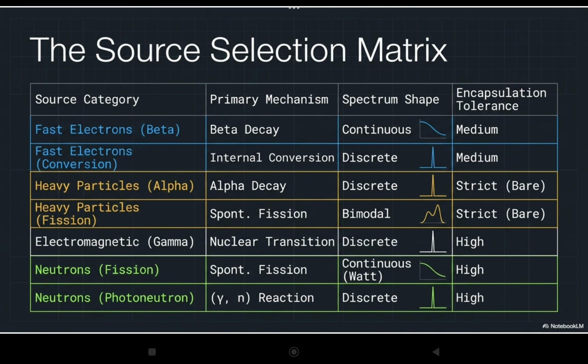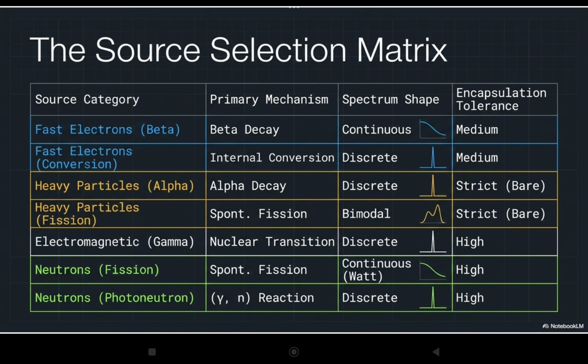Let us now turn to the source selection matrix. Whenever you choose a source, you should ask what particle type is needed, what energy range is appropriate, and whether you need a monoenergetic source or a broad spectrum. You also need to consider practical issues such as activity, self-absorption, encapsulation, range, and shielding requirements.